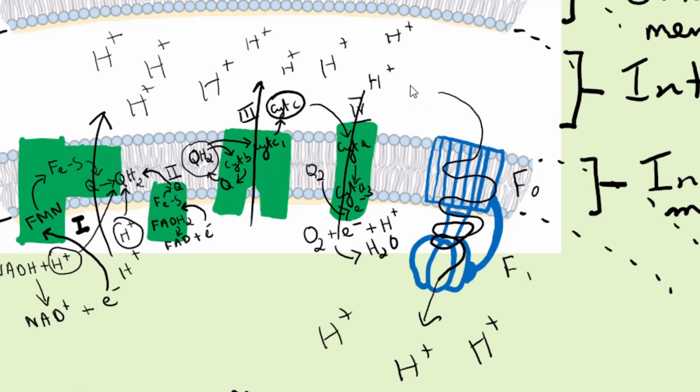So this movement of proton ions through this protein will physically jam ADP and a free phosphate group to make ATP, and this happens at the beta subunit of the F1 knob.